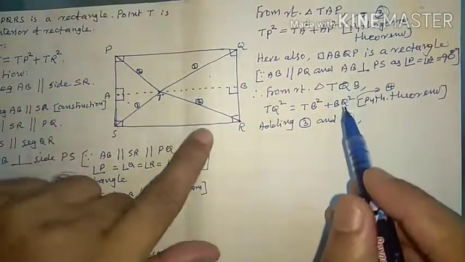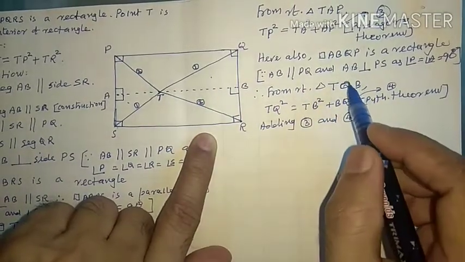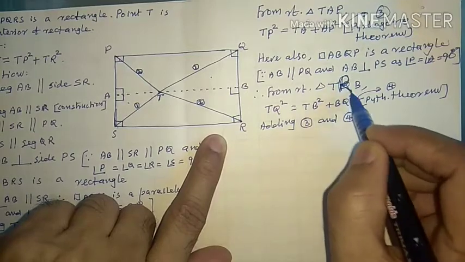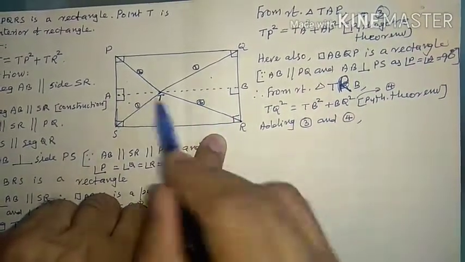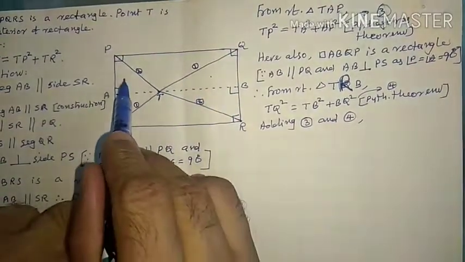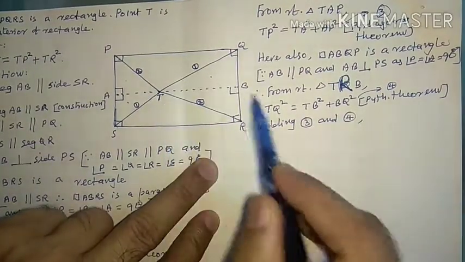Here, not this triangle, we have to consider TRB. This triangle we have to consider. These two, the first part, left hand side. These two we have to consider for the right hand side. So the triangle is TRB.